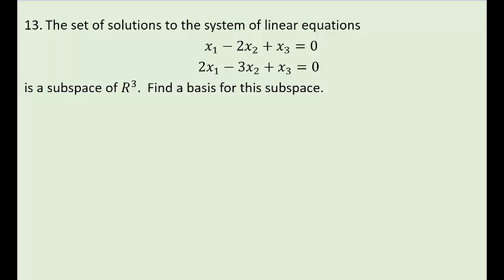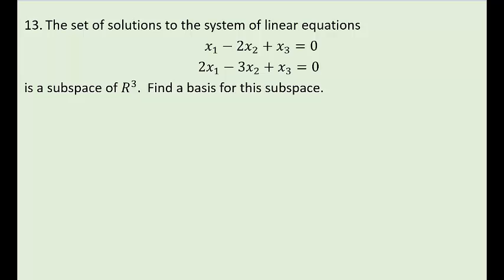So in problem 13, the set of solutions to this system of linear equations is a subspace of R3. Find a basis for this subspace. Well, what I want to do is turn this into a system of simpler equations to look at, so I can characterize what the vectors are like in the subspace.